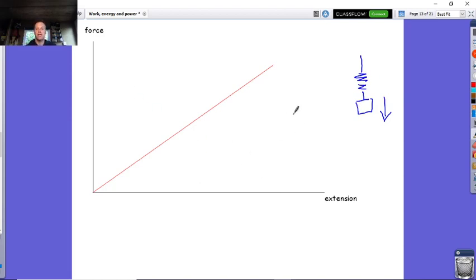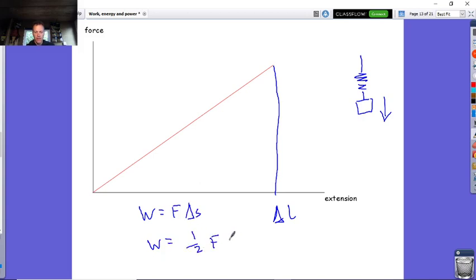Well, in this case, remember we called the extension delta L. And we then said the work done, and you'll find this all on your page 150, is the equation F delta S. And this time, the work done is going to be a half F delta L, because again, it's the area under the graph.